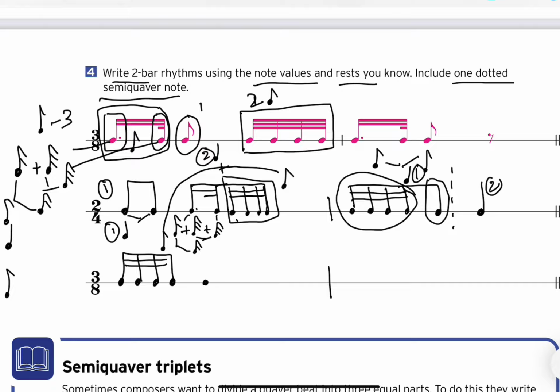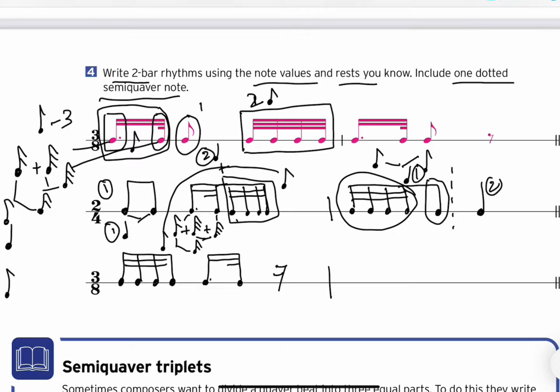We will use one dotted semiquaver along with the demi-semiquaver. This will complete our second eighth note, and at the last we can use a rest of a demi-semiquaver or semiquaver, sorry.